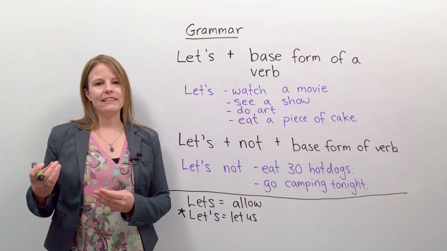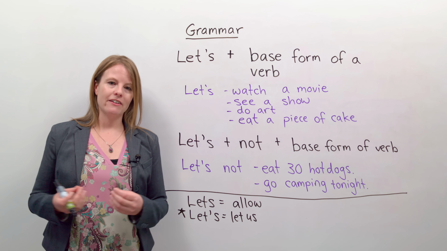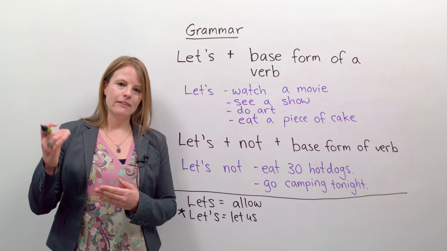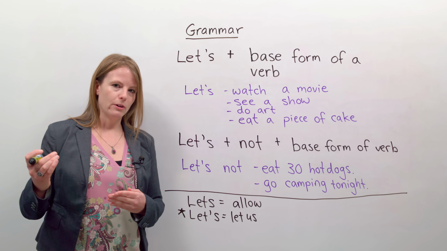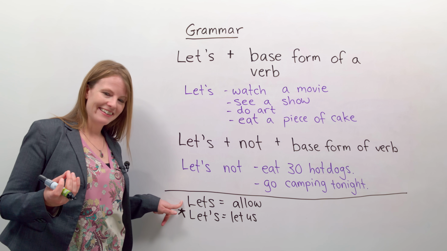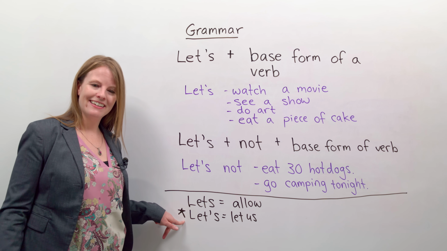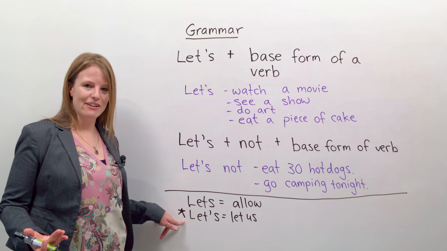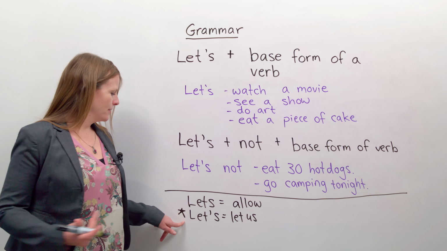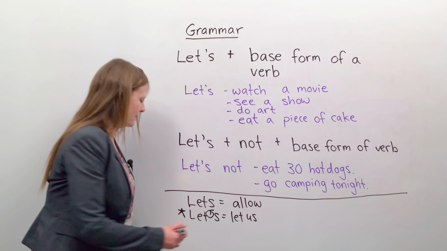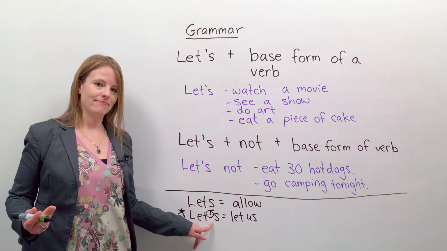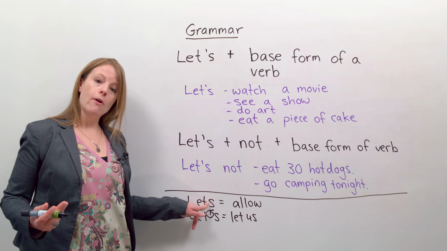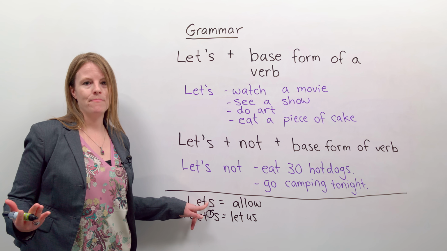So very important, many people make mistakes with let's. Specifically, they confuse these two words, let's and lets. You might think, oh, well, aren't these the same? They have the same pronunciation. That's true. But the difference is this apostrophe. Lets with no apostrophe means allow.